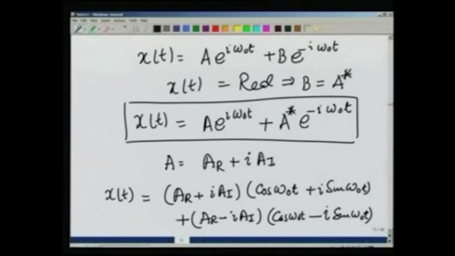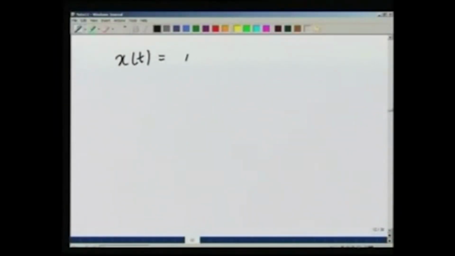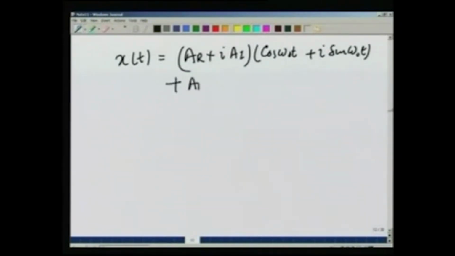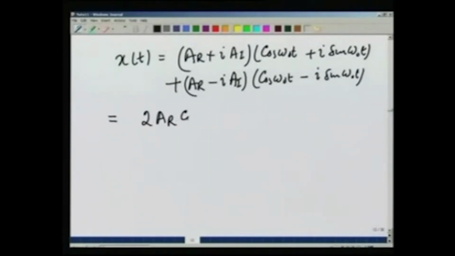When I open this up, the final solution is 2 a real cosine of omega 0 t minus 2 a imaginary sine of omega 0 t.